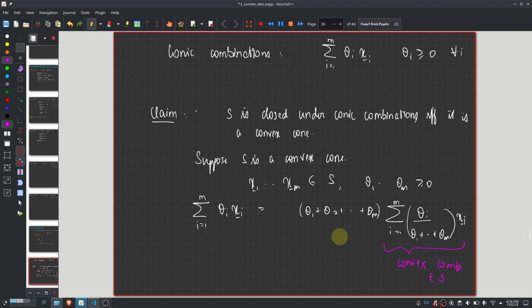I'm just multiplying it with a positive real number. Since it's a cone, the product should also lie in S. So this vector always lies in S for every theta 1, theta 2 up to theta m.